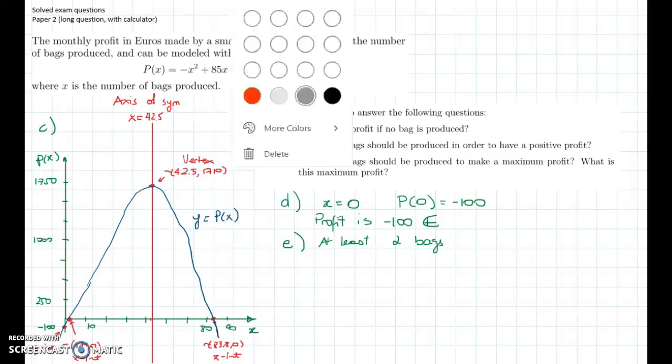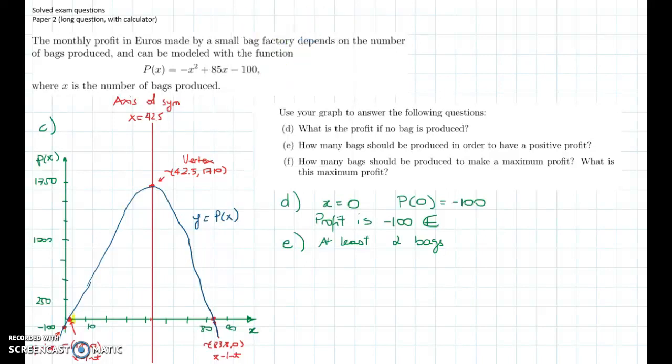If we produce 2 bugs or more, over here where the function, the parabola, is positive, we're getting positive profit. So all these numbers will give me positive profit until we get again to the next x-intercept, which is at the point approximately 83.80. Again, we won't answer that you have to produce at most 83.8 bugs because we cannot do that.